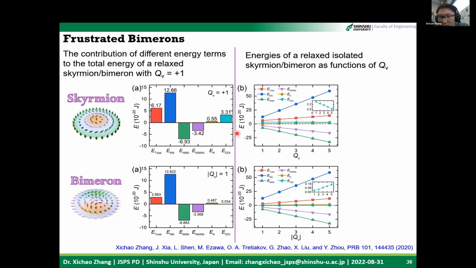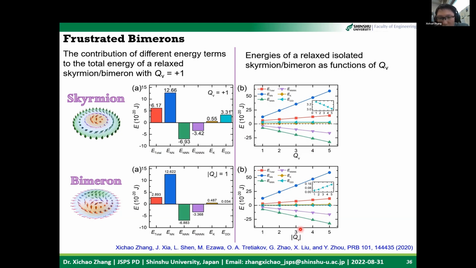The difference between the bimeron and the skirming energies is that the dipole-dipole interaction energy of the bimeron is much smaller. This is because the dipolar interaction is naturally stronger in the perpendicularly magnetized system. So the skirming system has a larger dipole-dipole interaction energy. On the other hand, the two figures on the right side show the different energy terms of bimeron or skirming as functions of the vorticity number.